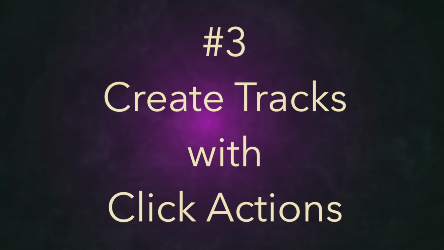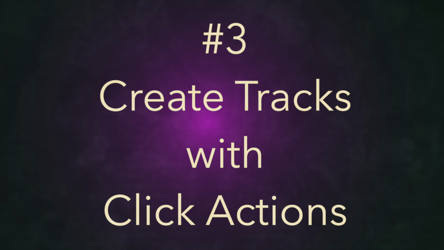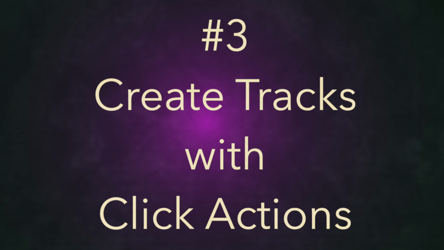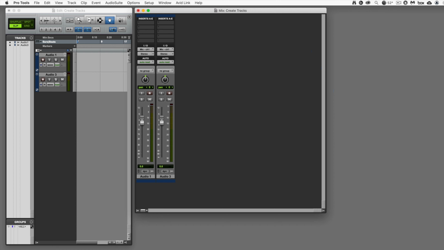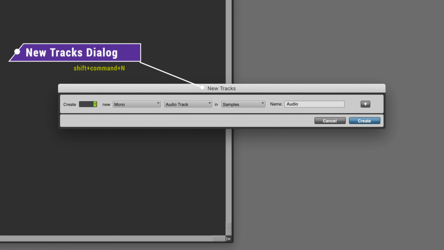And here is the next tip: how to create different types of tracks without opening the New Tracks dialog, and instead using various click actions. The main procedure for creating new tracks in your Pro Tools session is to use the New Tracks dialog that you can open with a wide variety of commands.